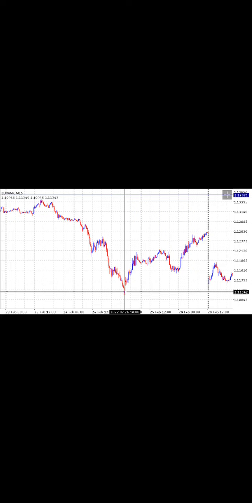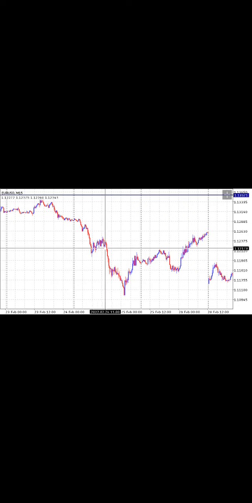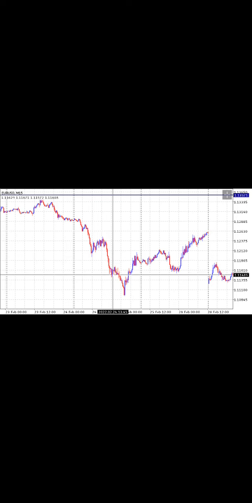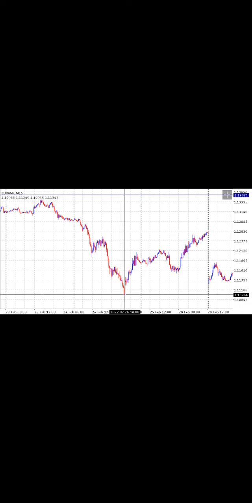Now you can see from here we had a break of structure, breaking this structure. We came here, came down here, went up a little bit, broke this structure down. At this point, this line here is a support level. Price broke it, so it's still a break of structure.